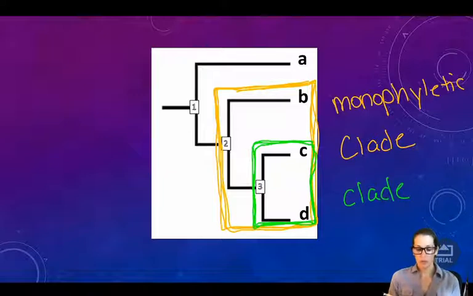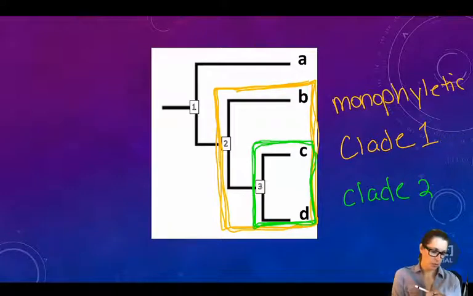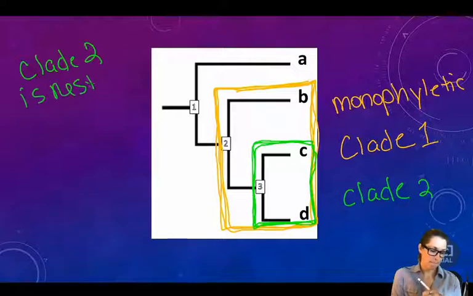So if we called the green clade clade 2 and we called the yellow clade clade 1, we would say that clade 2 is nested within clade 1.